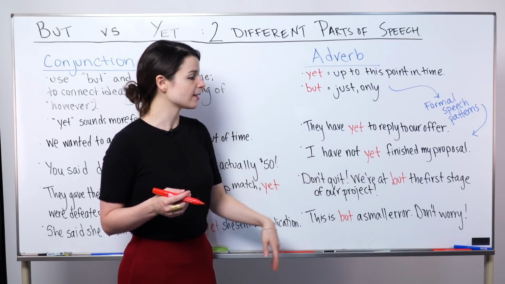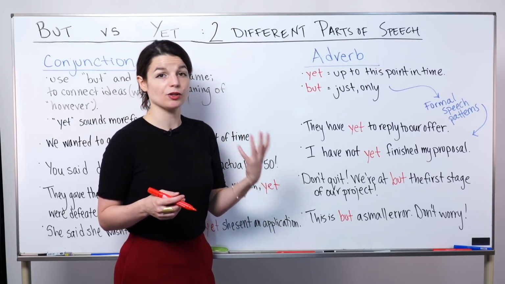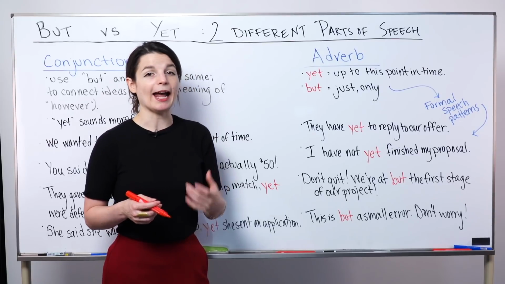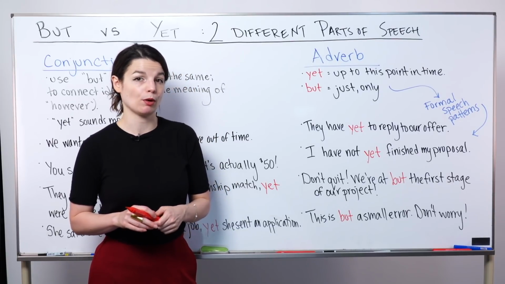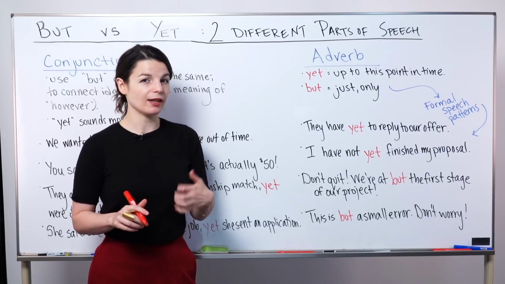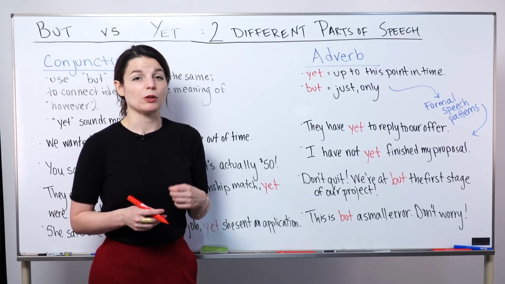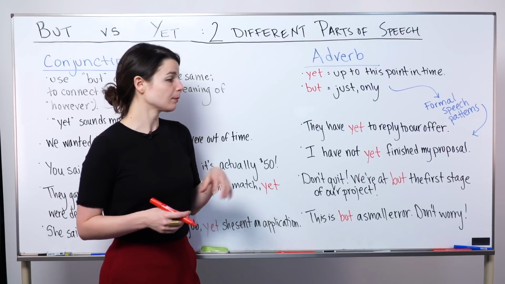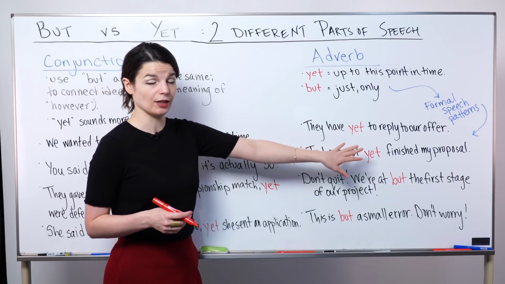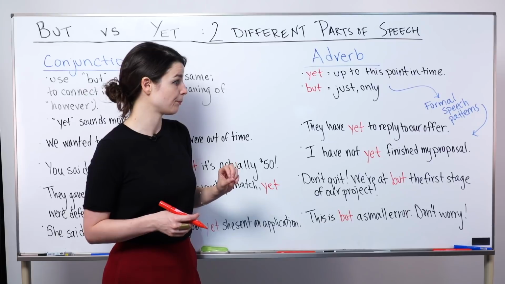So another way to say this that would be more like casual, everyday speech would be, I haven't finished my proposal yet. So using yet sounds quite natural and much more casual when we use it at the end of the sentence. But when we use it in this position, it makes the sentence sound more formal.